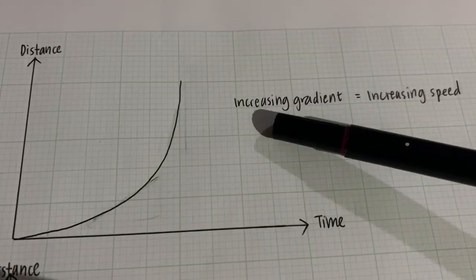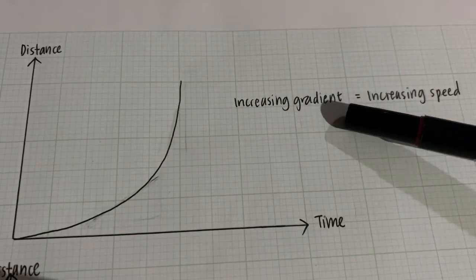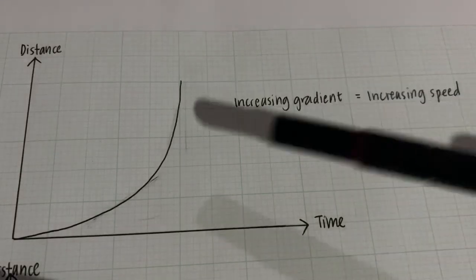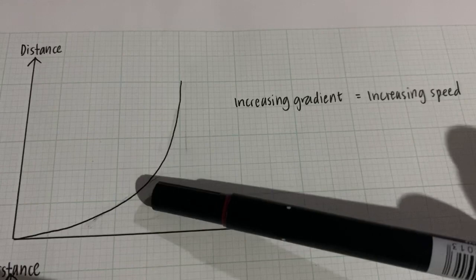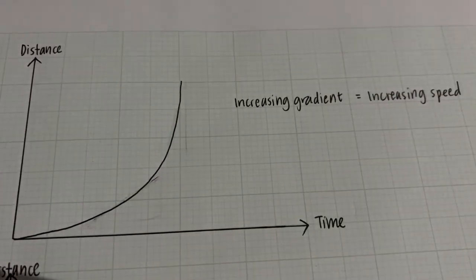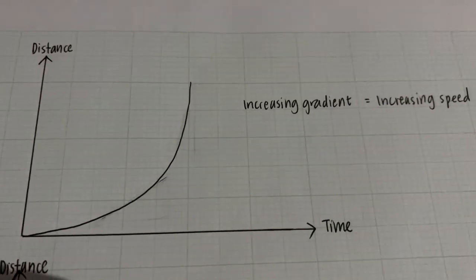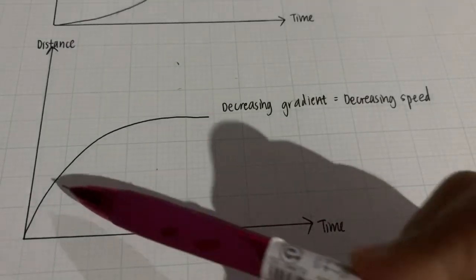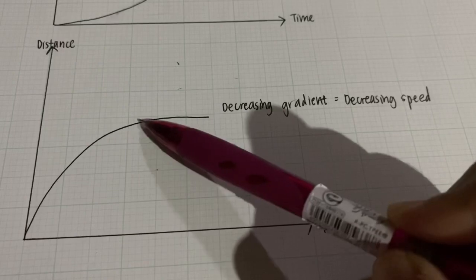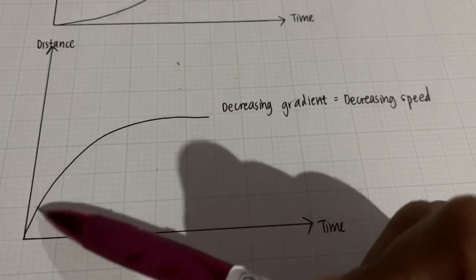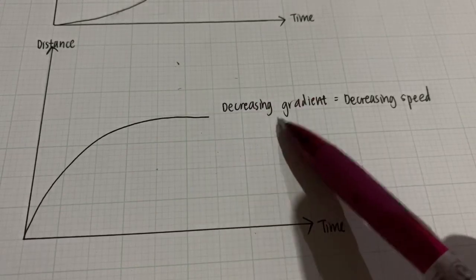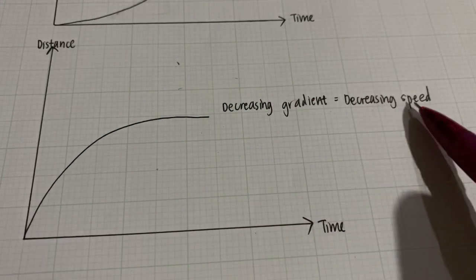An increasing gradient indicates an increasing speed, because as we have mentioned before, the gradient of a line in a distance time graph gives you the speed. Meanwhile, for this one, the line is steeper here compared to here. So you can say that the gradient is decreasing. A decreasing gradient gives you a decreasing speed.